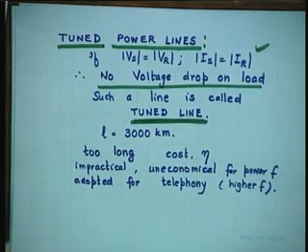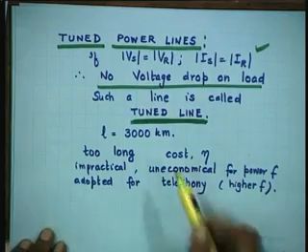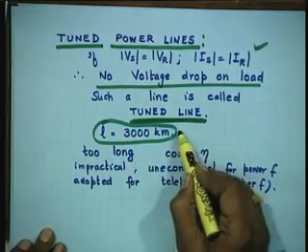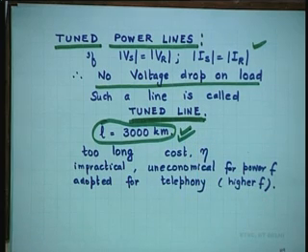Unfortunately, if you derive such a condition, you get the value of length as 3000 kilometers. Not everywhere is it possible to have a transmission line of this length. There are very few countries in the world having their length or breadth more than 3000 kilometers.